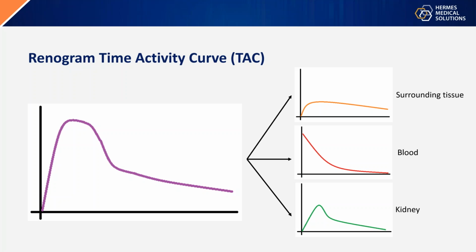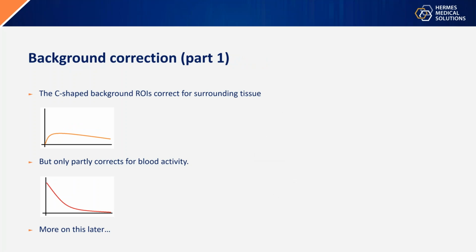So in order to correct for these disturbances, the C-shaped background regions will correct for the surrounding tissue in front and behind of the kidney. However, they will only partially correct for blood activity. If we had the same vasculature in the surrounding tissue as we have in the kidneys, this issue would not arise, and the C-shaped backgrounds would correct for blood activity as well.